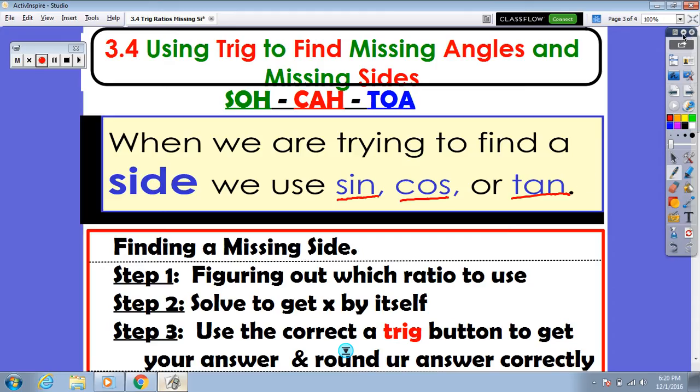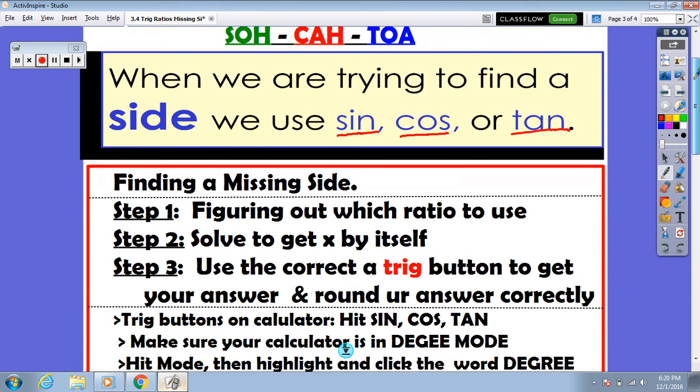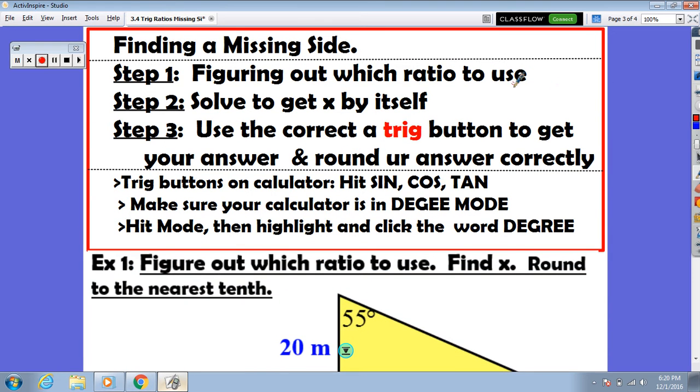Alright, so what we're going to be doing here first is you're going to figure out which ratio you're going to use the same way we did last class. So you're going to label what's given. Is it the opposite side, adjacent, or hypotenuse? Okay? Then you're going to solve, just like you're solving an equation, to get the variable by itself.